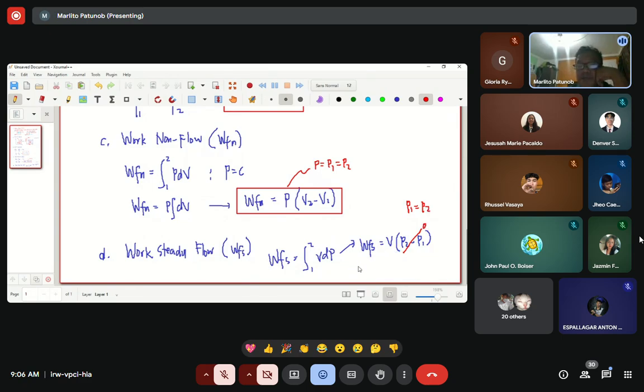So that makes your work steady flow for isobaric process equal to 0. In the board exam, it can be this easy. Sometimes they just ask, for an isobaric process where pressure is constant, what will be the steady flow work?